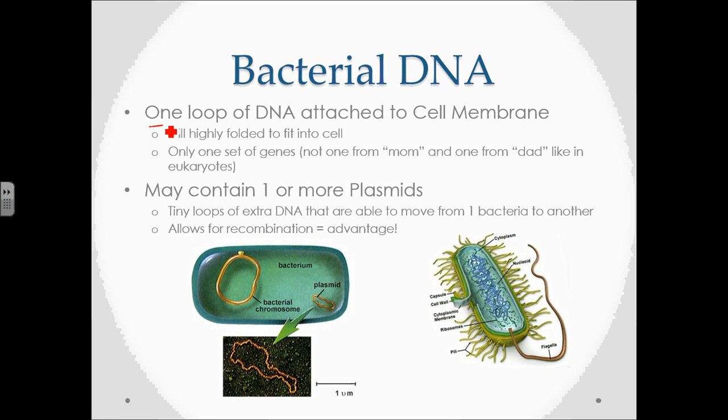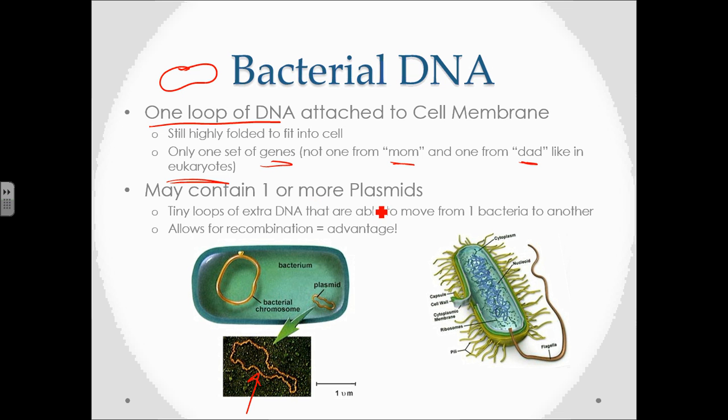They usually have one loop of DNA, a circular piece. Sometimes it's longer than that, and it kind of looks more jumbled like this. It's not really circular, but it is attached to both ends. Only one set of genes. They don't have a mom and a dad set because they're not eukaryotic and they don't reproduce sexually.